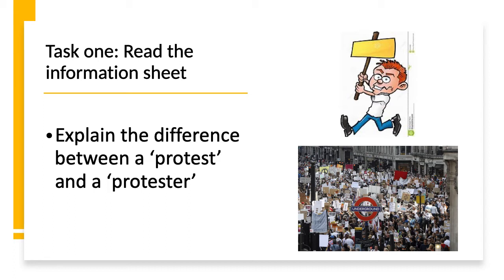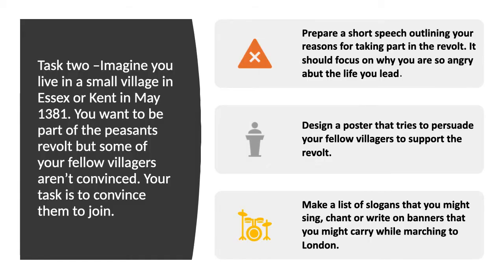You could do that in a full sentence, so a protest is, a protester is, or you can just put protest, a dash and what it is, and the same for protester. Completely up to you. So now we know the difference between a protest and a protester, we're going to go on to task 2.